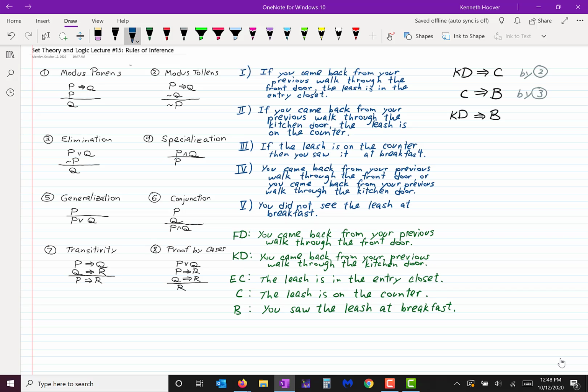So then in our proof here, the first one should say by Roman numeral 2, and the second one should be by Roman numeral 3. There we go. All right, now getting back to the question at hand. What rule of inference am I using to conclude KD implies B? I am using transitivity.